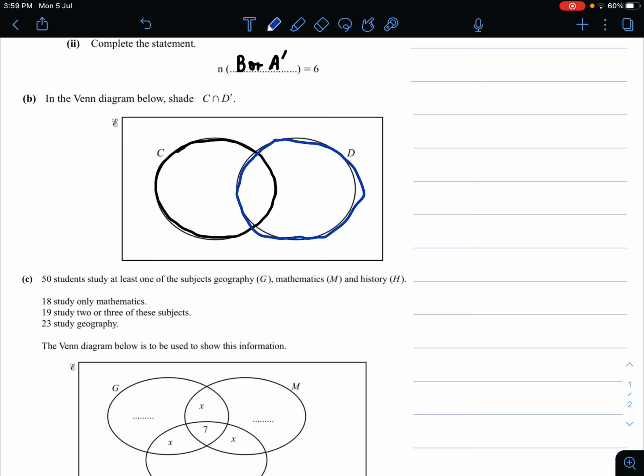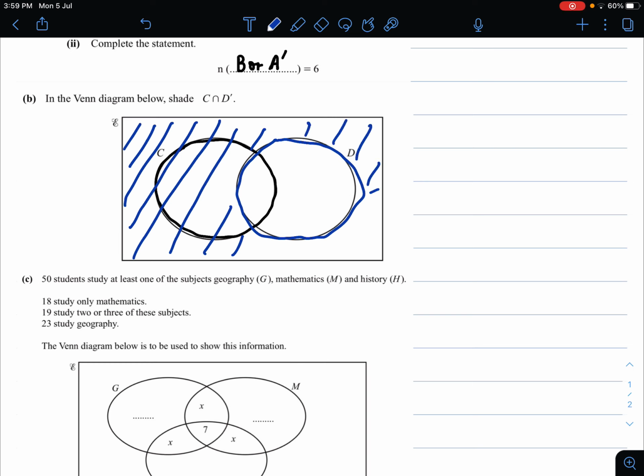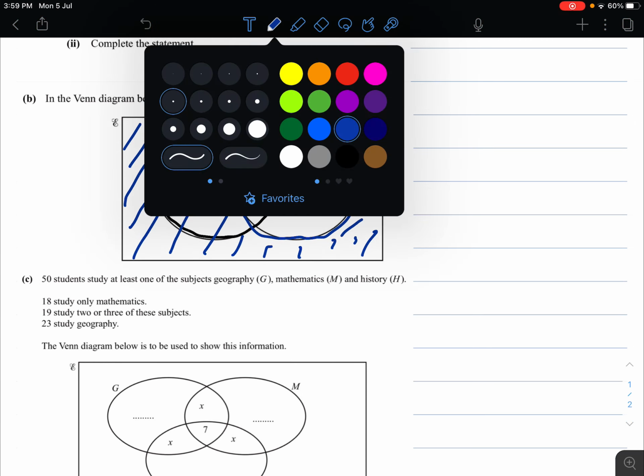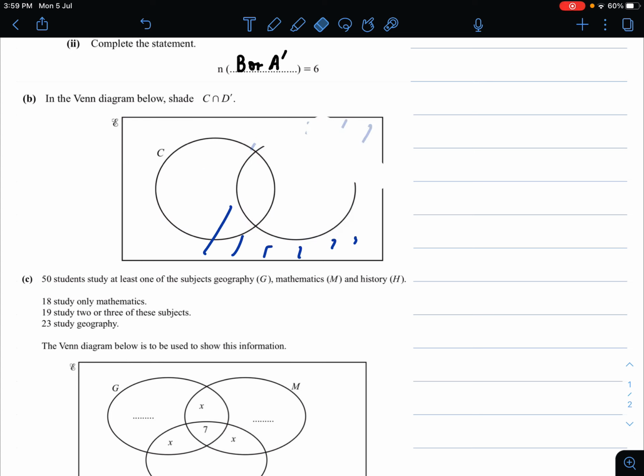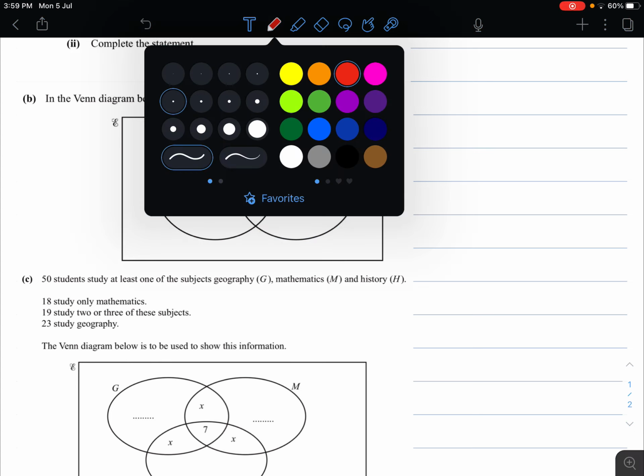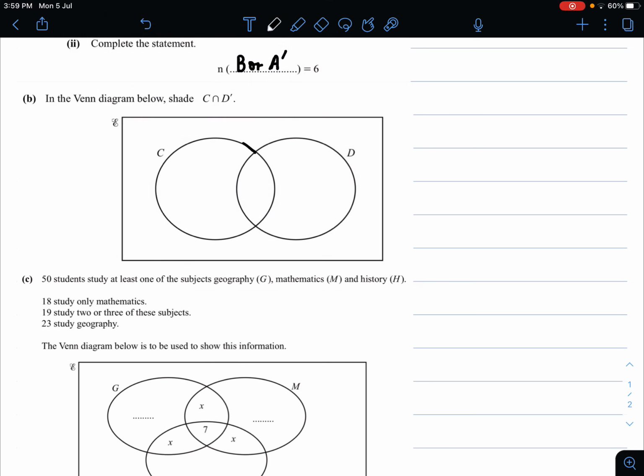So that would be everything other than D. And therefore you can see that the common part is this, or the outer part of the circle C, basically the circle C minus the intersection of both C and D. Therefore we can say that the final answer for this question would be this part of C only.